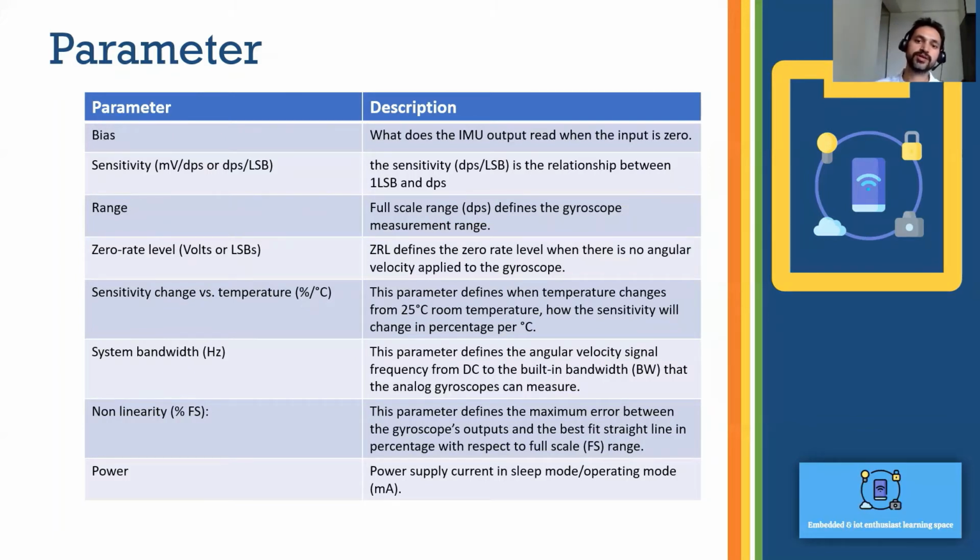Bias is the IMU or gyroscope output when the input is 0. Input is 0 means it's static. If the device is static, with no angular motion happening in all three axes, the value we are getting will be the constant bias, or it can be fluctuating. It can be spread as a Gaussian distribution.